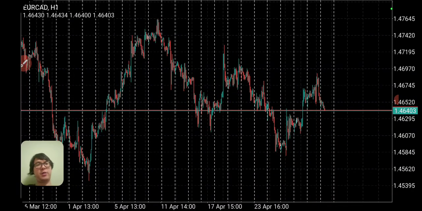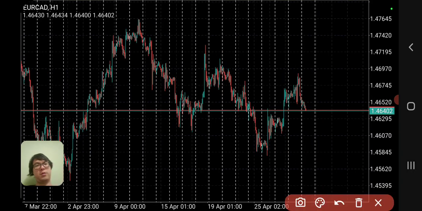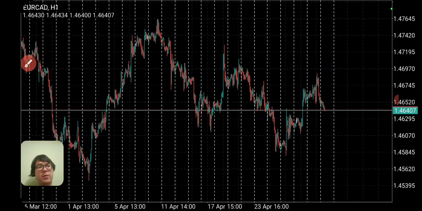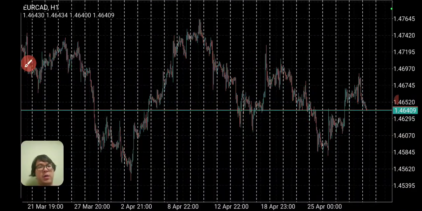Euro CAD. At this one, we got the trend line break at the resistance, where we do not have any dimension forming for the bottom, which is, yeah, we do.